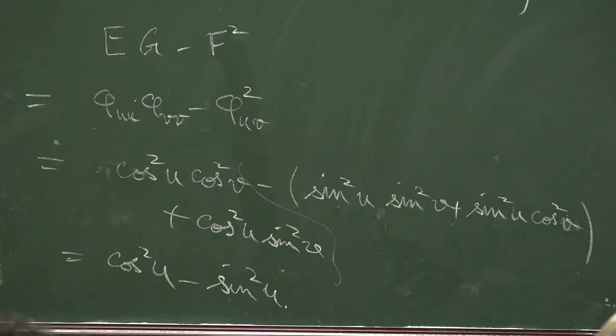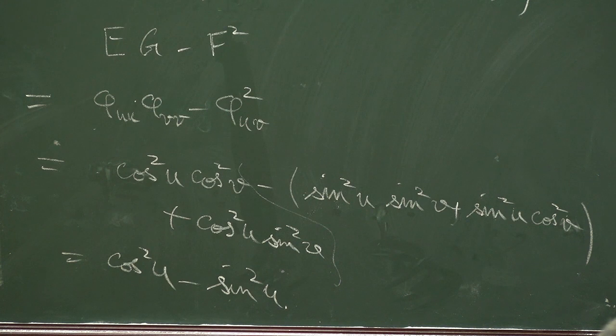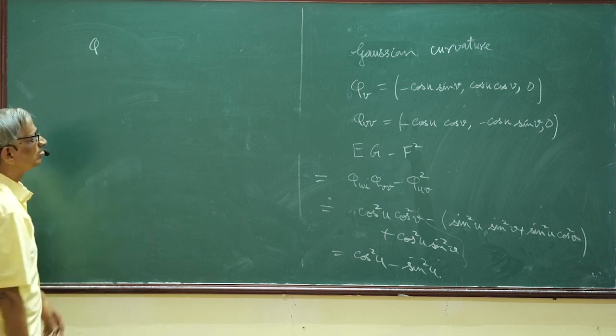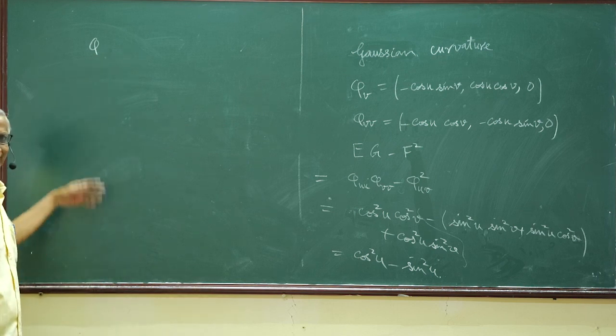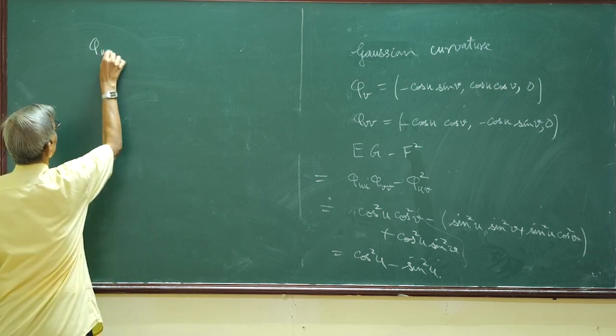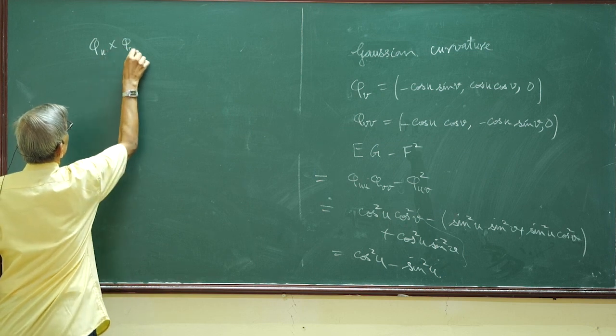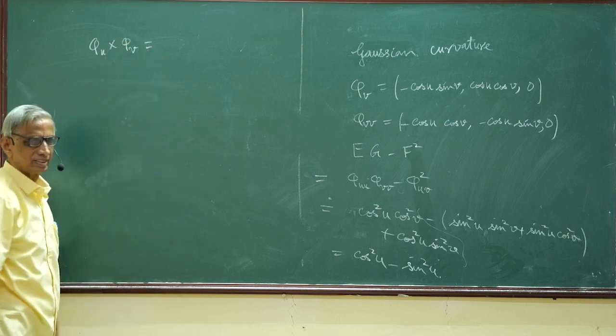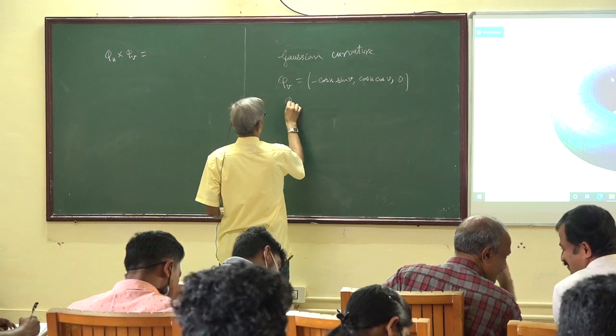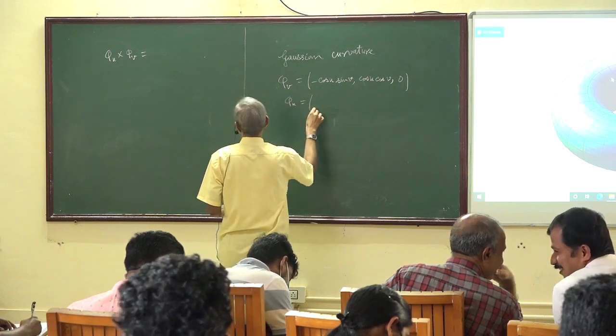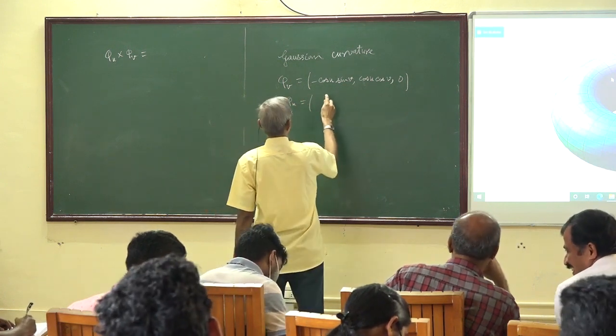So now you have to calculate the other ones. So first of all you calculate the cross product of phi u and phi v. Oh, I have rubbed off. Cos u cos v.